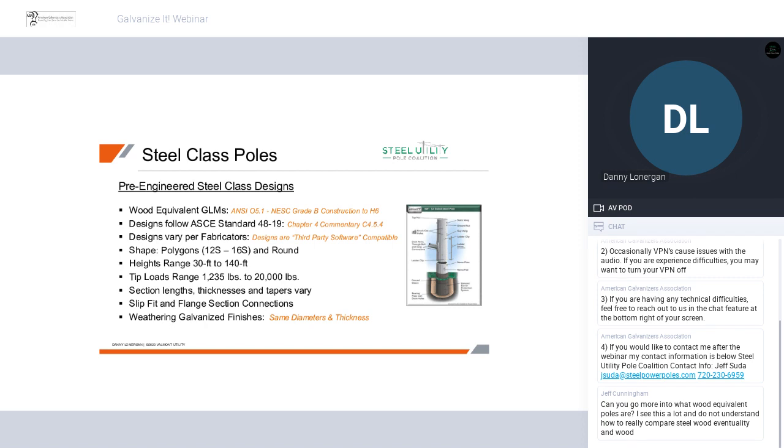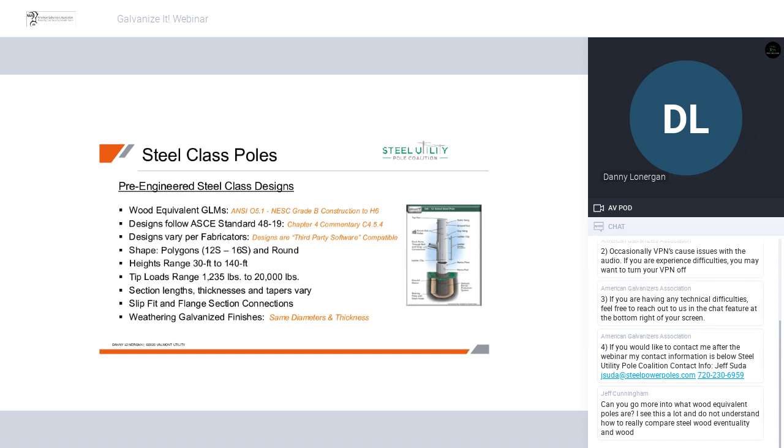So it has a fairly well-defined tip load chart in this numeric sequence. So not all fabricators, meaning not all pre-designed structures meet that or are aligned to that, but most have evolved to that. So section lengths, thicknesses, tapers all vary.